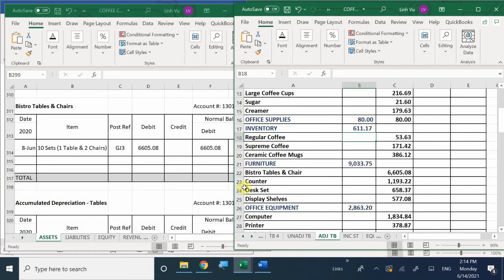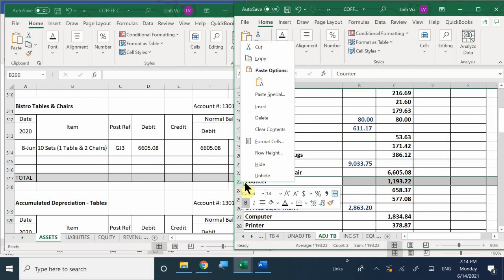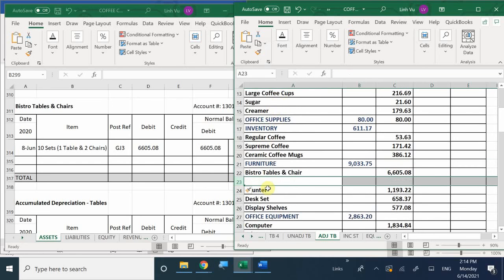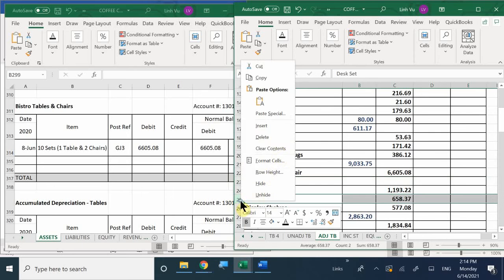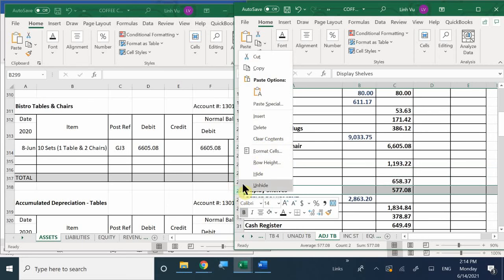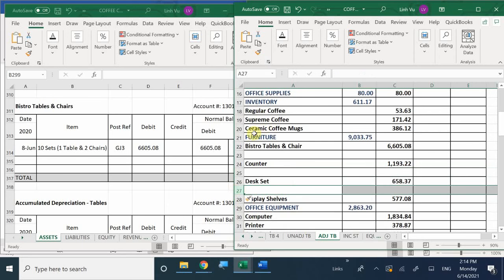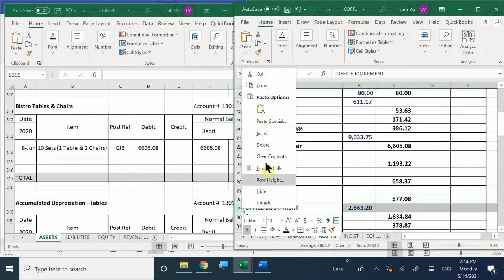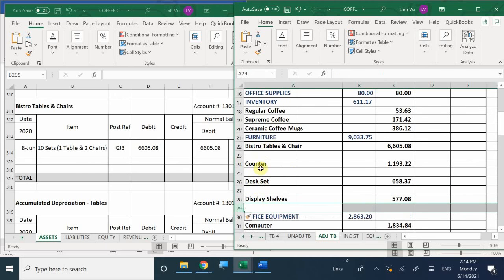So now I'm going to show what the total amount is going to reflect at book value. I'm going to insert a couple of lines here so I can add in all my contra accounts.